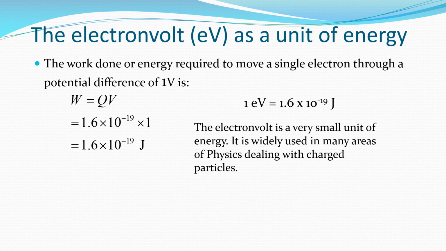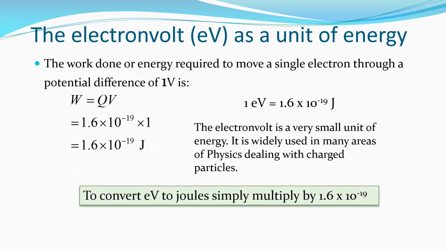For example, data coming from the Large Hadron Collider. 1 electron volt, remember, as a measurement of energy, is equal to 1.6 times 10 to the negative 19 joules. And so if we want to convert from electron volts to joules, we simply multiply by 1.6 times 10 to the negative 19. And this is a useful thing to note because you may see this in some examples.